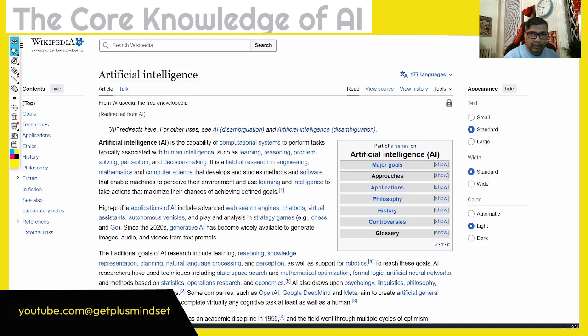Let us say I am building a computer system, and I'm making it so intelligent that it can learn, it can explain by reasoning, it can understand a problem and find a solution by digging into various sources where a solution is available. And it also has the capability to do some prediction and decision making.